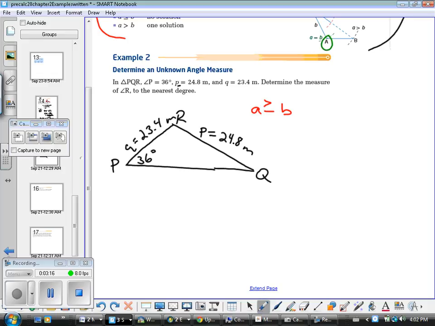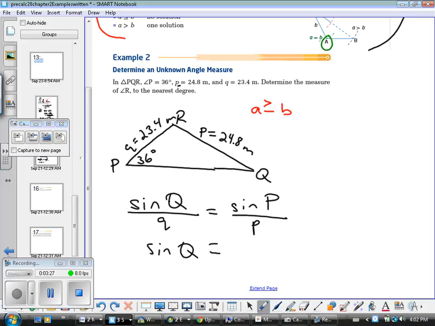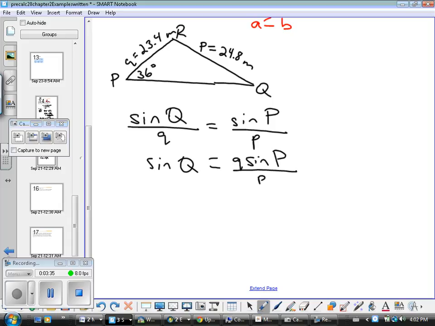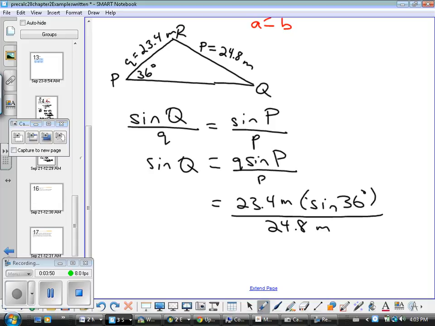Okay, we can find angle Q using the sine law. So sine Q over Q equals sine P over P. Okay, so sine Q equals Q sine P over small p, which equals 23.4 meters times sine 36 degrees over 24.8 meters.